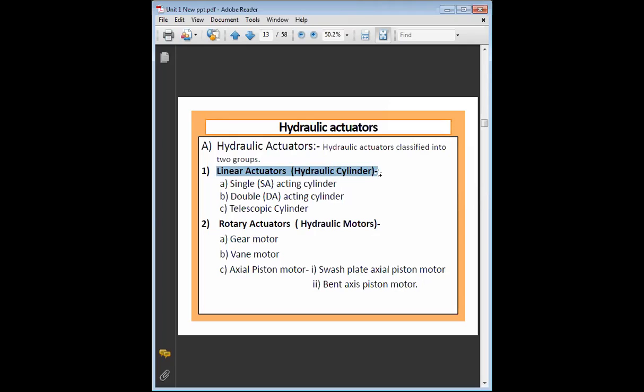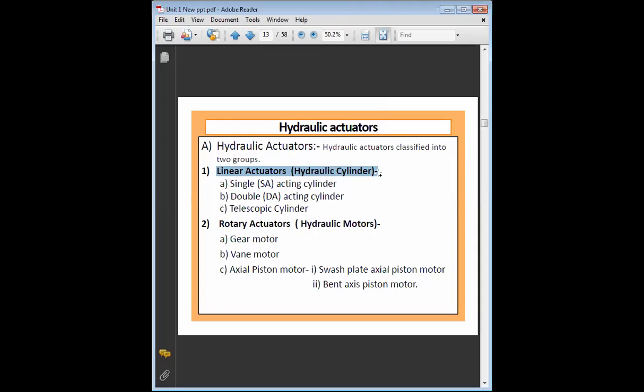Please remember this word: linear actuator means hydraulic cylinder. Getting it? And these linear actuators include various types of hydraulic cylinder.